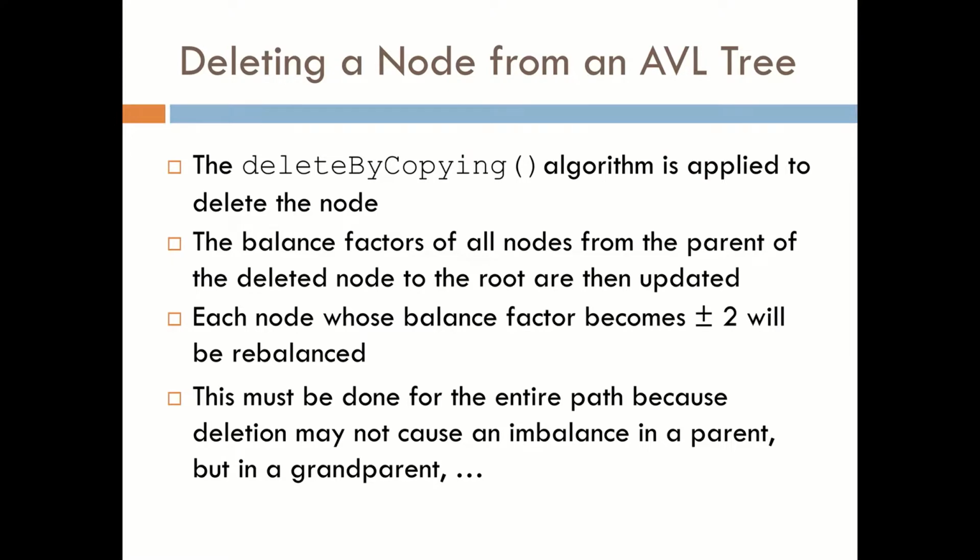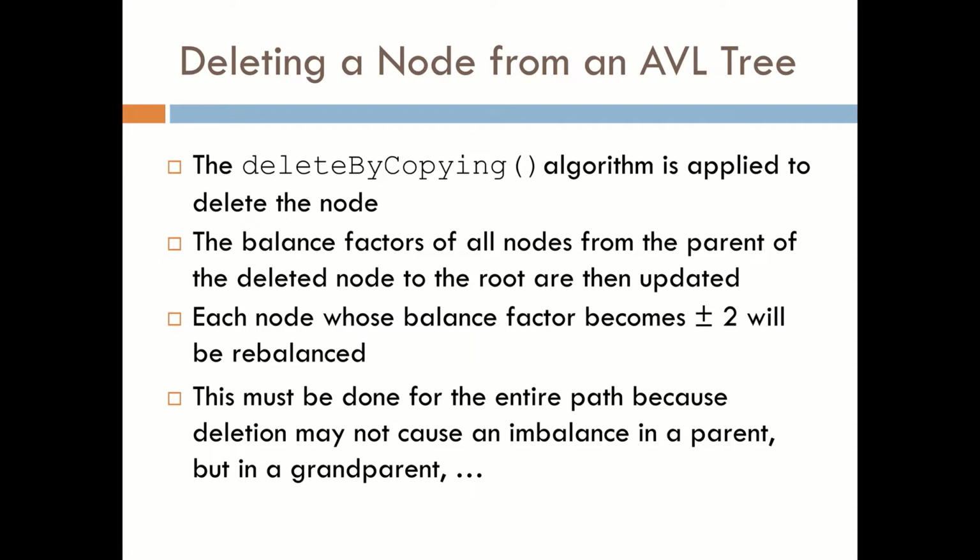Now, when we delete a node from an AVL tree, we use the delete by copying method, which is what I went over when we talked about deleting nodes from a binary search tree. So this includes substituting a value into the place of the node you're quote unquote deleting, and actually deleting another node, either the rightmost of the left subtree or the leftmost of the right subtree.